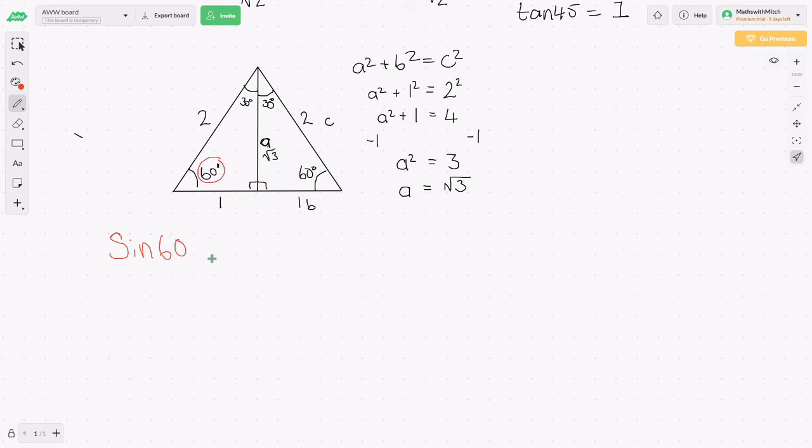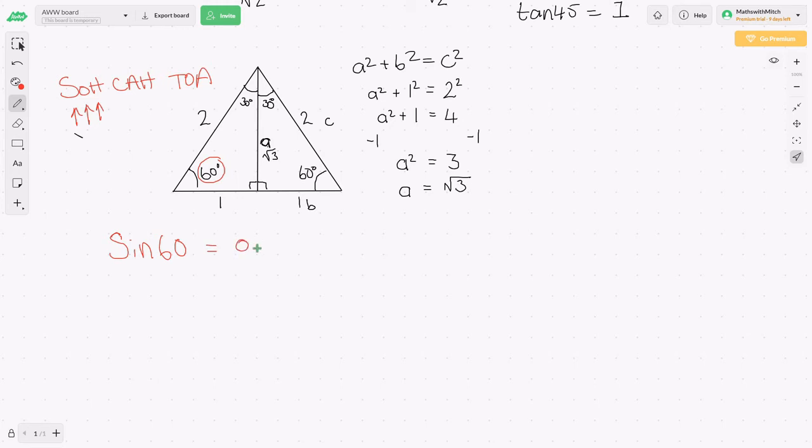So I'm going to say sine 60. Remember, what is sine? Well, lest we forget, we can write SOHCAHTOA, and then we're never going to forget. So sine is opposite over hypotenuse.